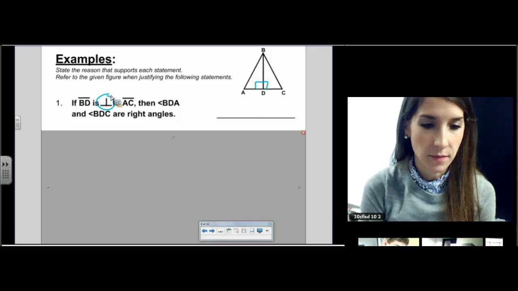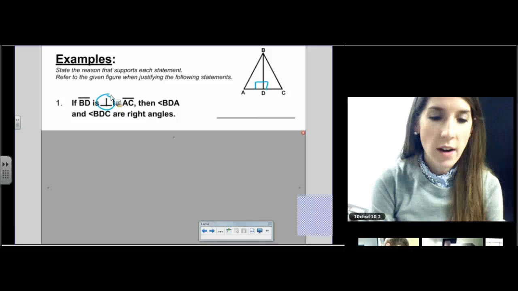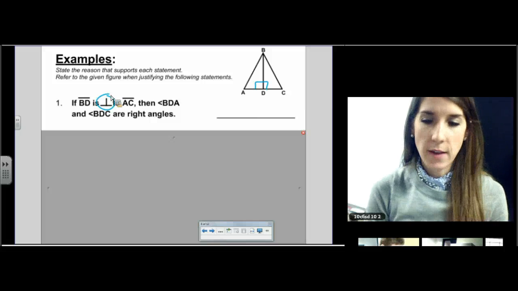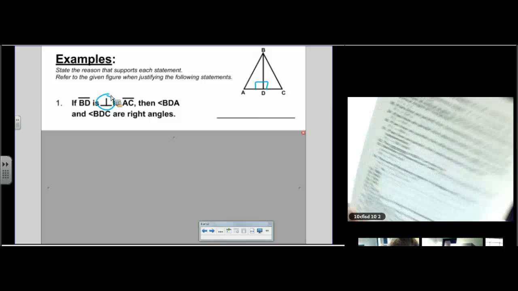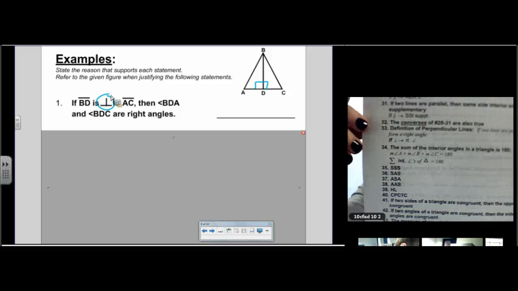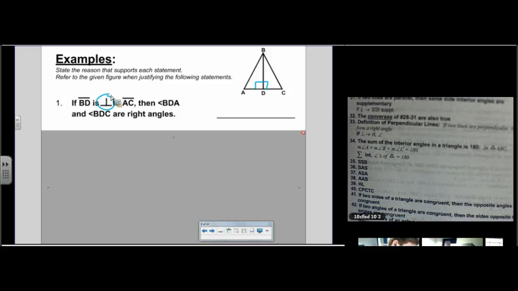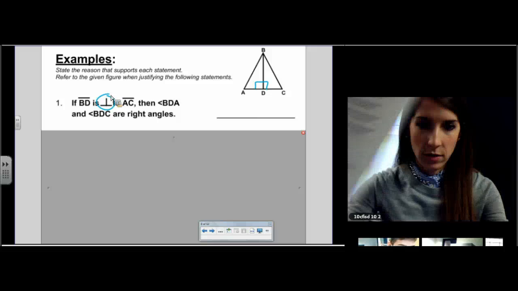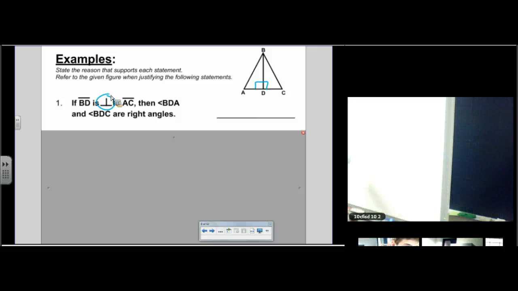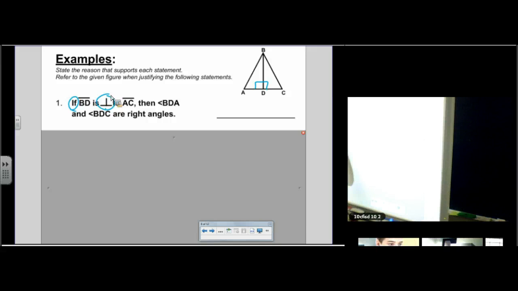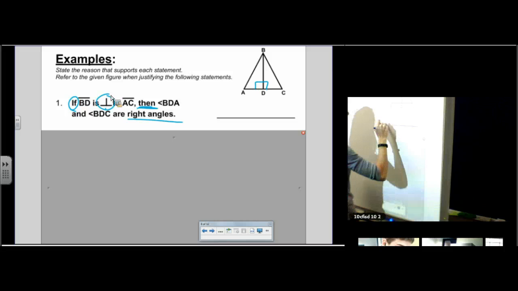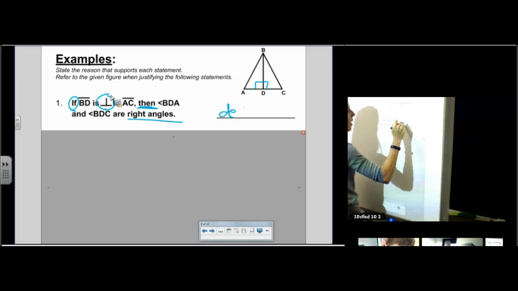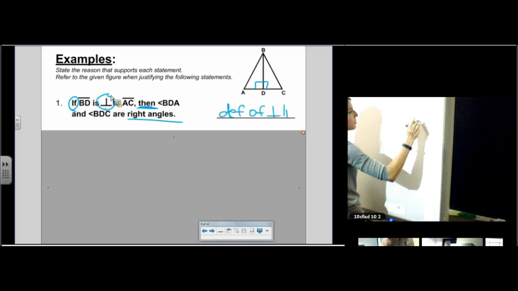What number is it? Very good. Everyone go look at number 33 if you have the paper. Number 33 says definition of perpendicular lines. If two lines are perpendicular, then they form a right angle. If perpendicular, then right angle. So you can put definition of perpendicular lines, and that would be your answer.